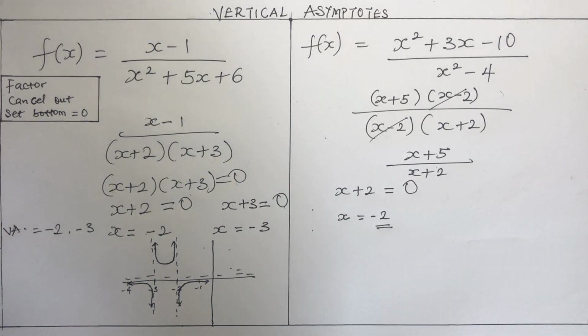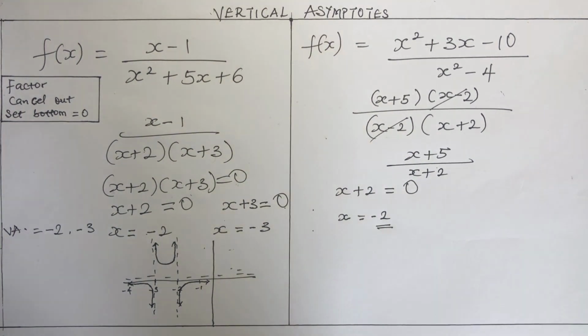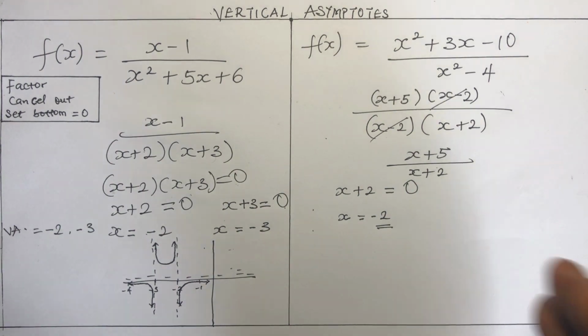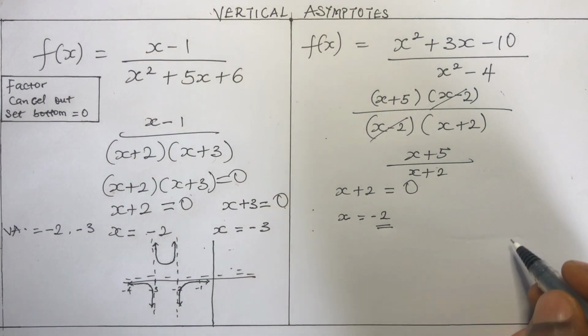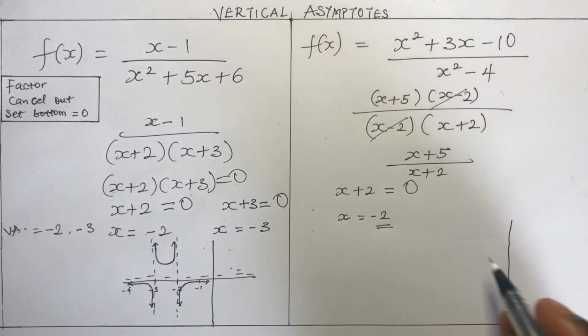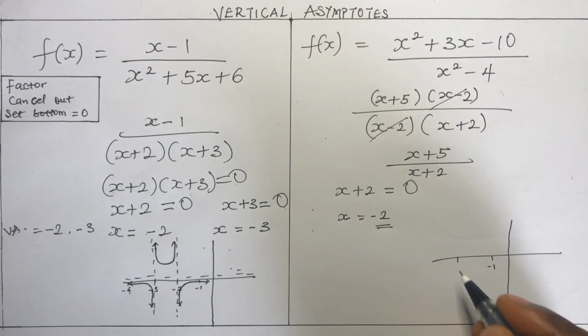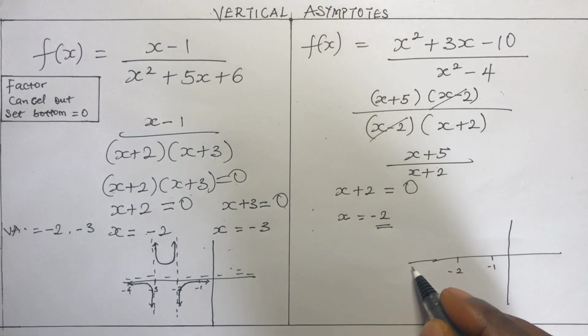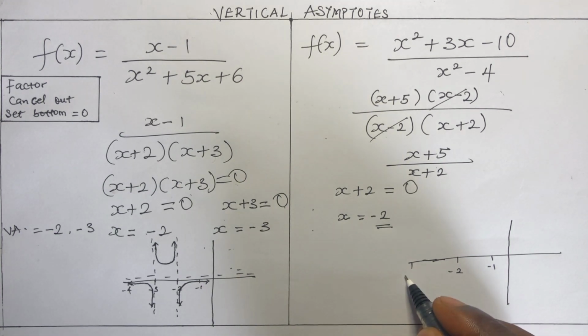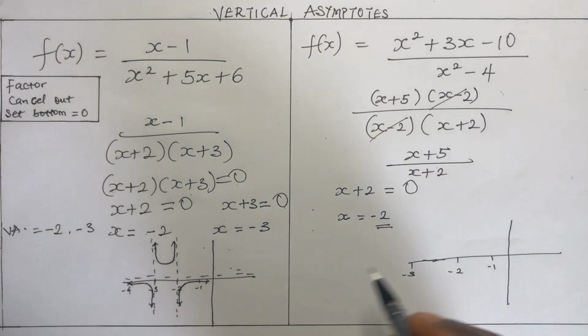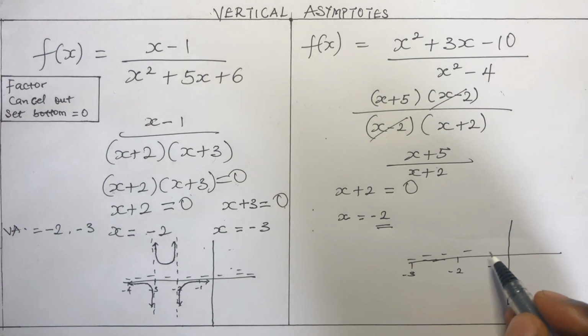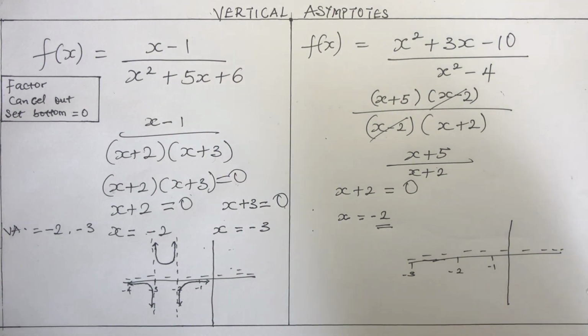And if we want to represent this graphically, we have something like this: -1, -2, and so on to infinity. And do not forget to represent your horizontal asymptote, but that will be in our next class.